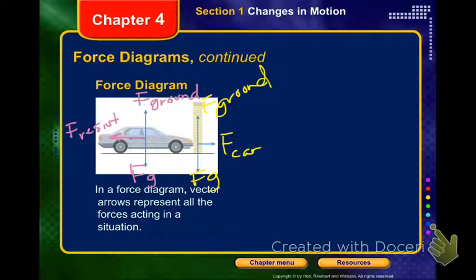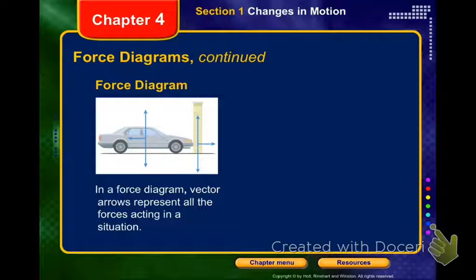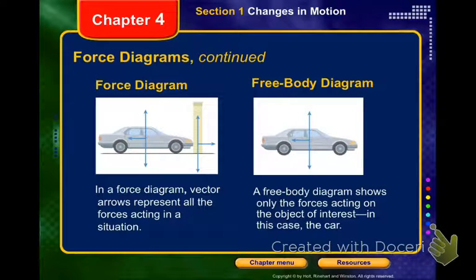Now, if I asked you to do a free body diagram that only shows the forces on our object of interest, in this case, what's probably more interest, the car or the wall? What do you think? Car. It's going to be the car. So if I asked you to draw a free body diagram of just the car, it's just one half of what you've already seen.